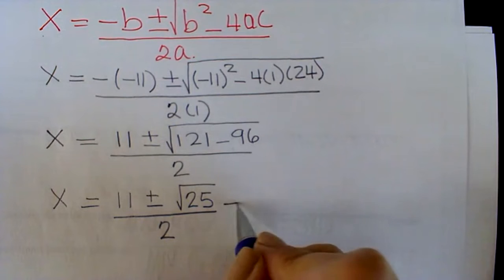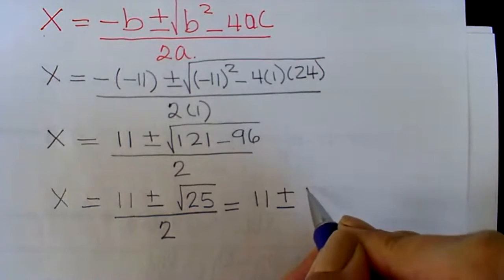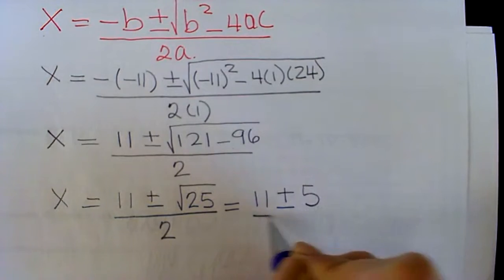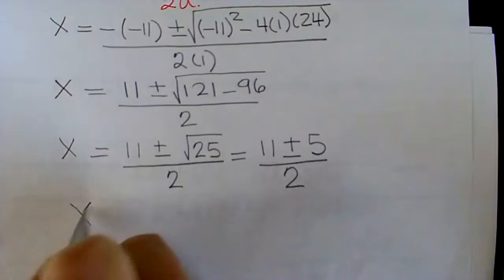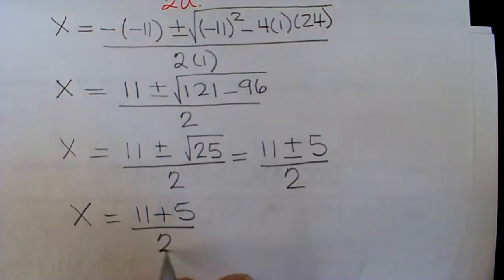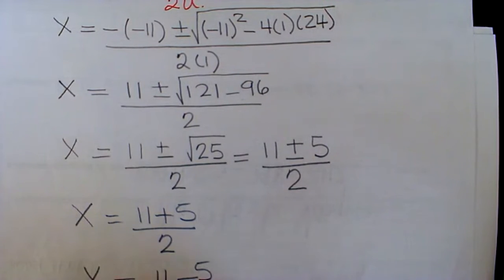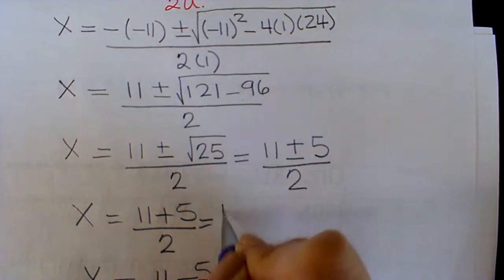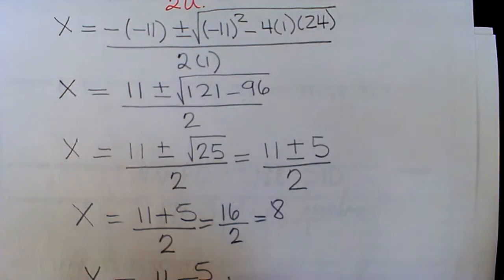Now, what do I have? I have an 11 plus or minus 5 divided by 2. So one x is going to be 11 plus 5 divided by 2. And the other one is going to be 11 minus 5 divided by 2. This is 16 divided by 2 is 8.